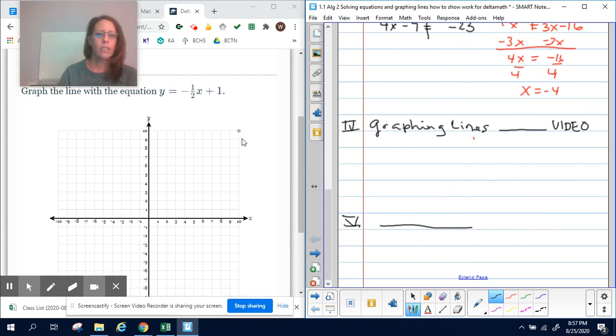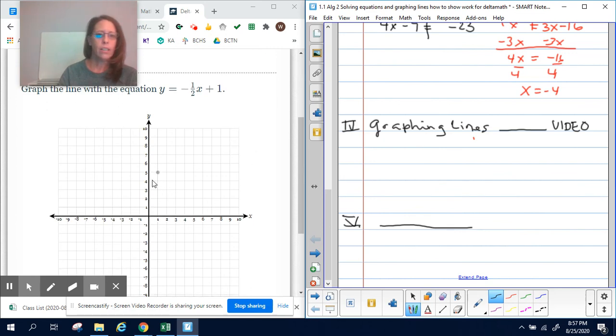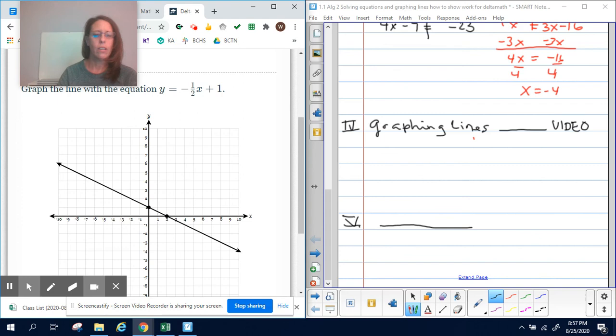So what I'm going to ask you to do for that is at +1, click at the y-intercept, and then you'll see in his video as well a negative slope. We're encouraging you to go down 1 and right 2, down 1 from this y-intercept and to the right 2, and then click there, and you have graphed your line.